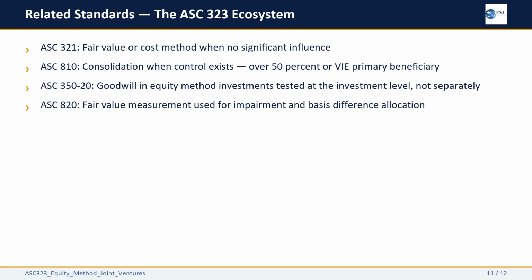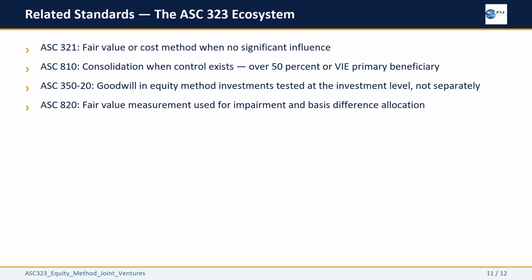This is where things get interesting. Accounting Standards Codification 323 does not exist in isolation. It sits within an ecosystem of related standards. ASC 321 governs the cost and fair value methods when no significant influence exists. ASC 810 governs consolidation when control exists.